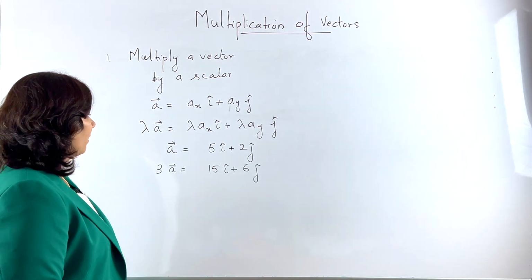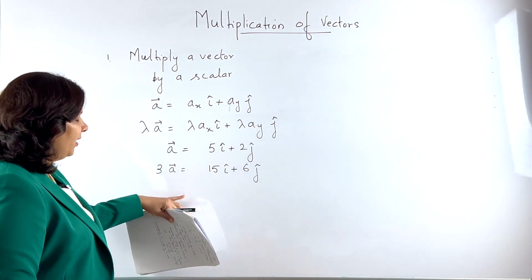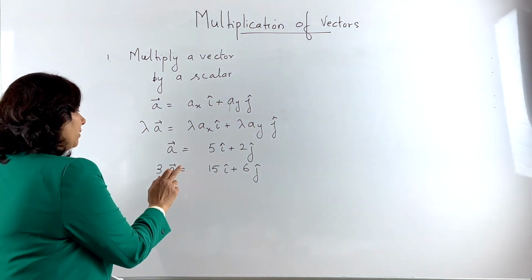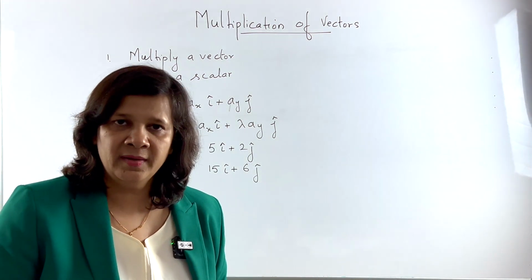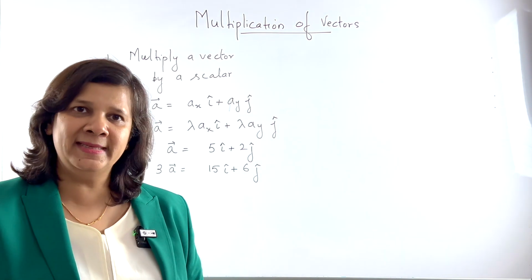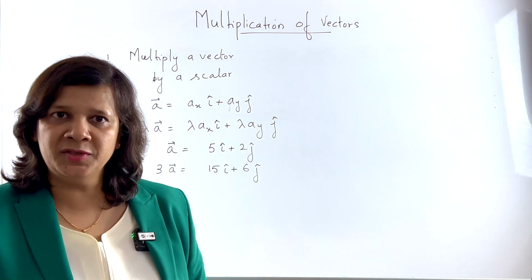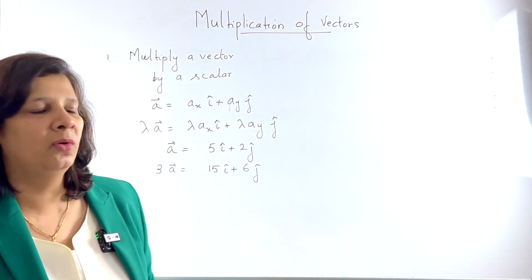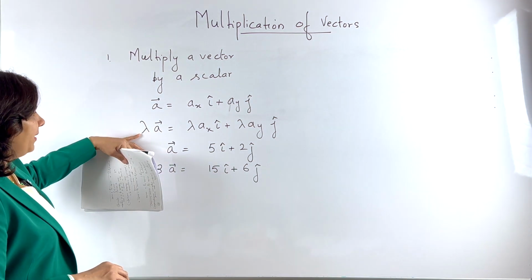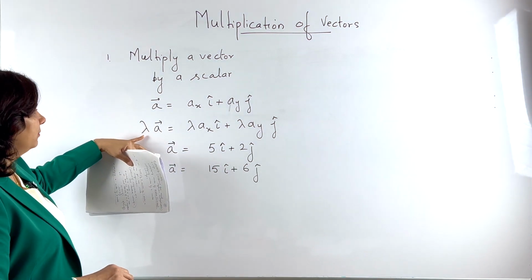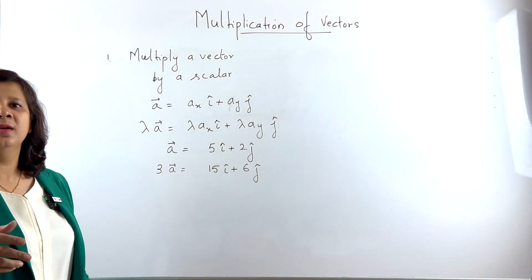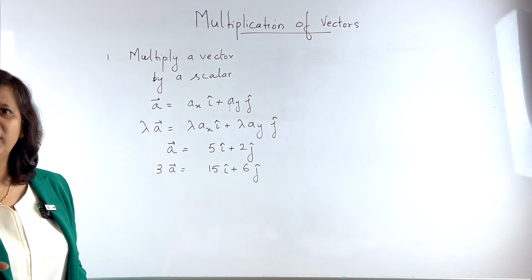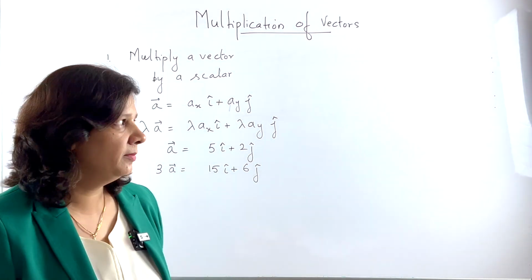Okay. So now I was saying that we can also multiply a vector by 1 by lambda. Okay, that is also the same meaning. So basically I am making the magnitude 1 by lambda times. Okay. So this lambda can be 2, 3, any number, or it can also be 1 by 2, 1 by 3, anything. Only the magnitude will be changed.